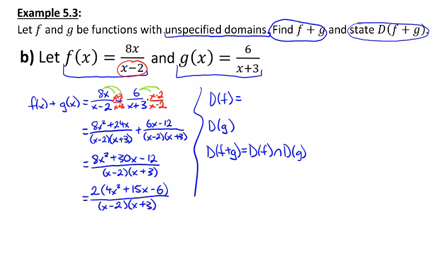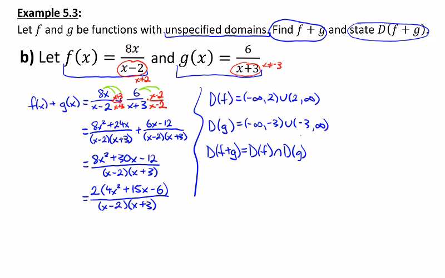So there we have x minus 2, and analyzing x minus 2 would mean that x is not allowed to be 2. And if I do the same thing with the x plus 3, that would tell me that x is not allowed to be negative 3. So the domain for f will be negative infinity to 2, union 2 to infinity, and the domain for g, negative infinity to negative 3, union negative 3 to infinity.